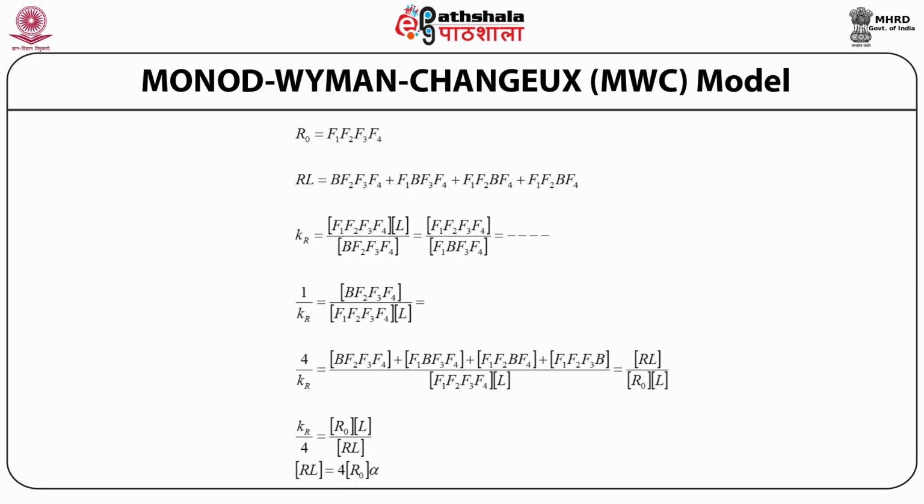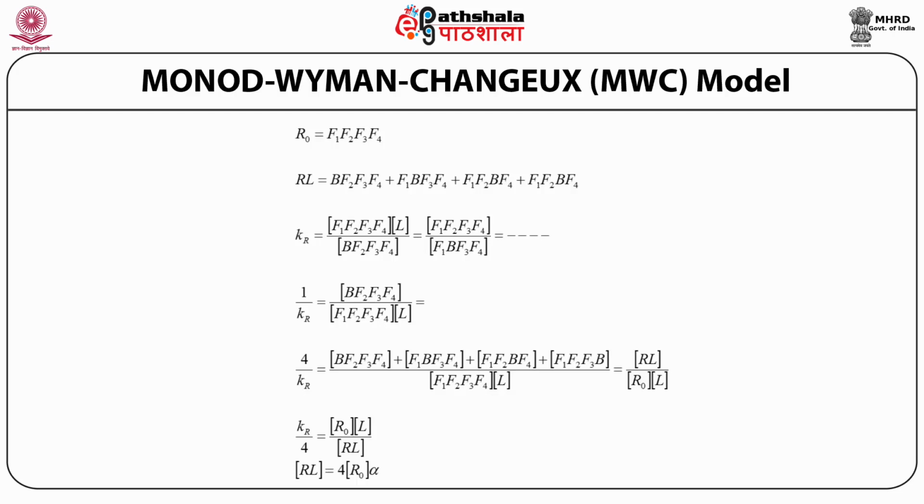Now Kr is simply anything you can take. The first form, F1, F2, F3, F4, when it binds to one ligand, that is equal to Kr. The second ligand, similarly, you can write another equation for the second binding. For each successive binding, Kr is constant in the MWC model.